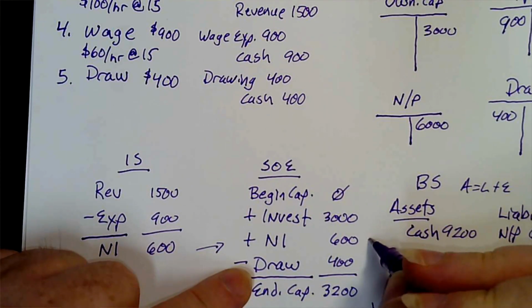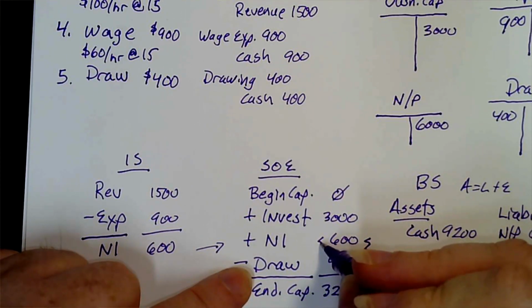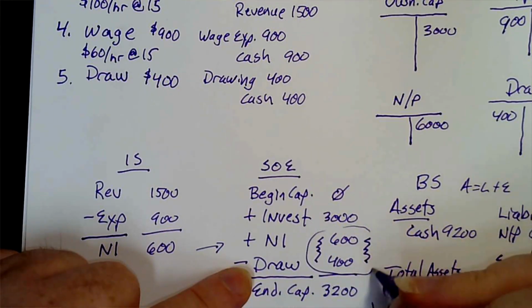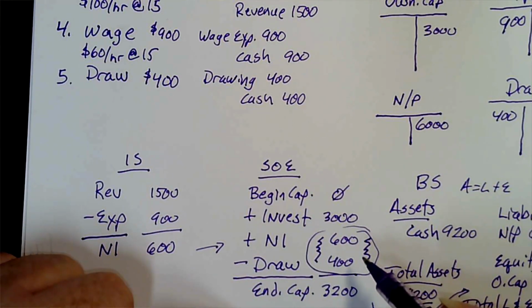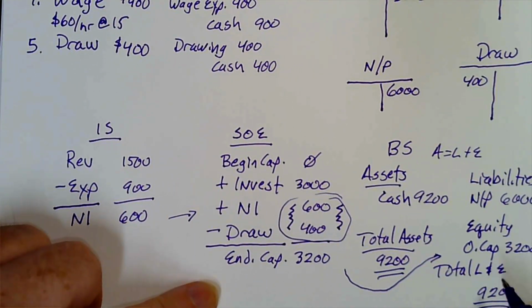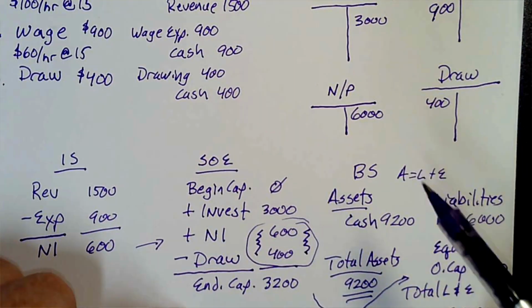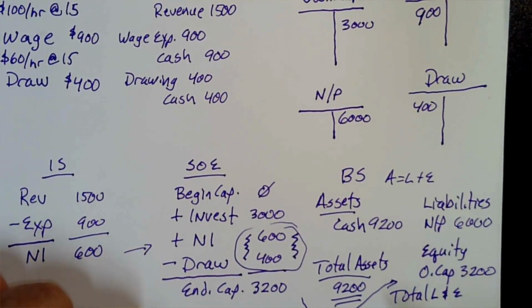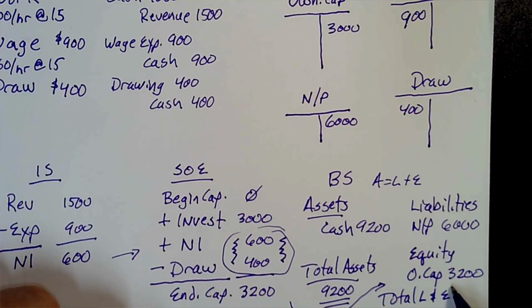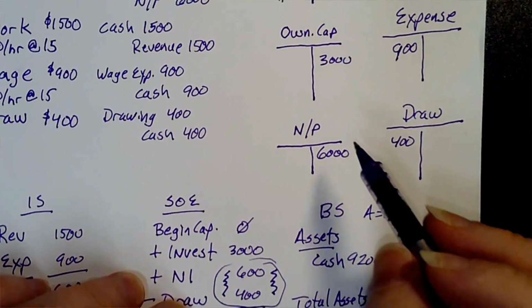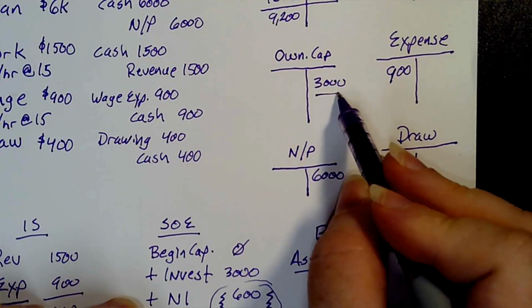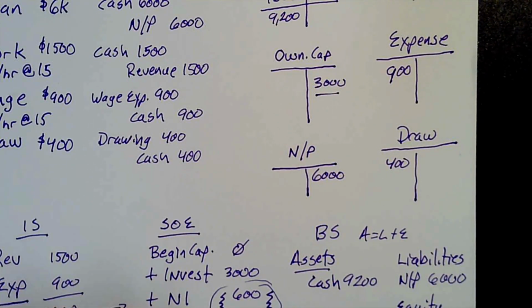So what ends up happening is these two transactions we have done in the financial statements, but we have not duplicated them in the T accounts. And here's an example of what I mean. Here we've got owner's capital of 3,200, but if you look up here, owner's capital is still 3,000. In other words, we need to do a couple of journal entries to basically mirror what we've done in the financial statements.